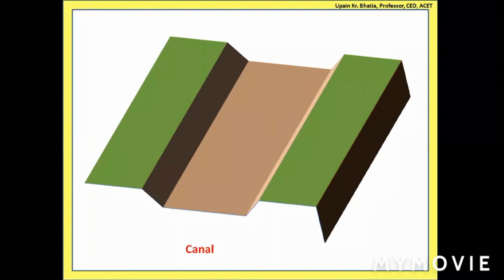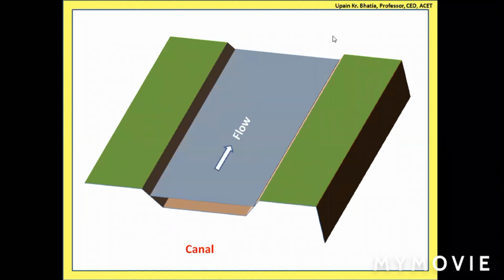It is a geometrical section, a trapezium, and this cross section is maintained throughout the length. This line is straight, or it can be a little curved depending upon the route of the canal that we decide, but generally it is kept straight. So the water will be flowing in this way.